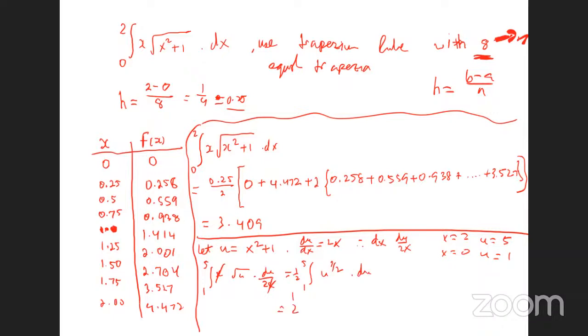So that'll be a half by, add 1 to the power, you'll get 3 on 2, divide by the new power, and then plug in 5 and 1. And you work that out. Plug in 5, plug in 1, and you should have the answer. Okay, remember, I use 5 and 1 because I changed the limits.